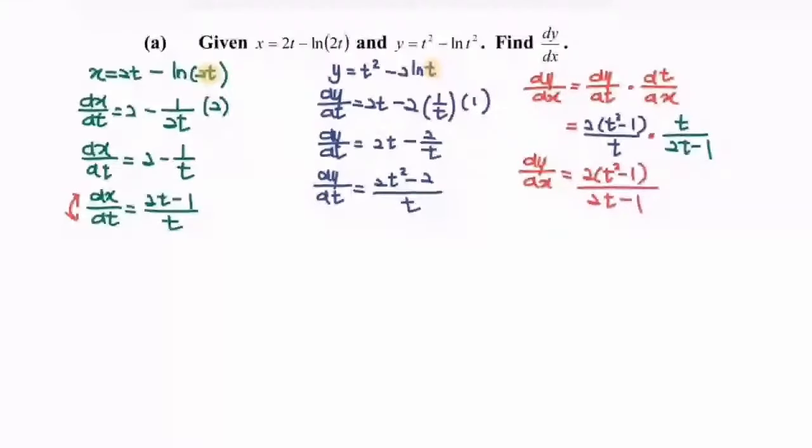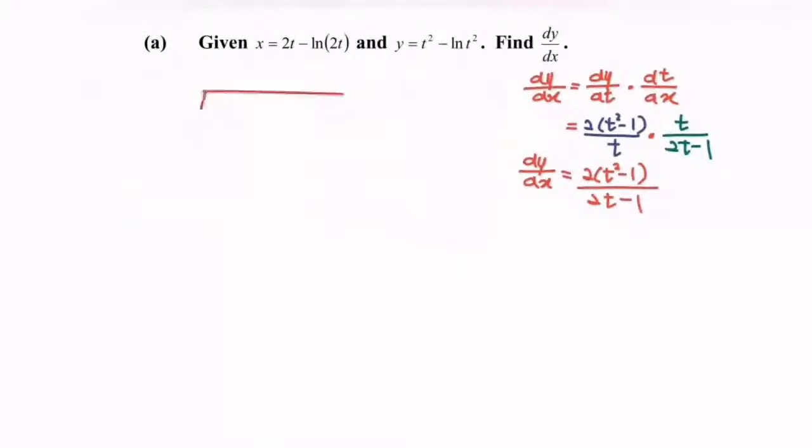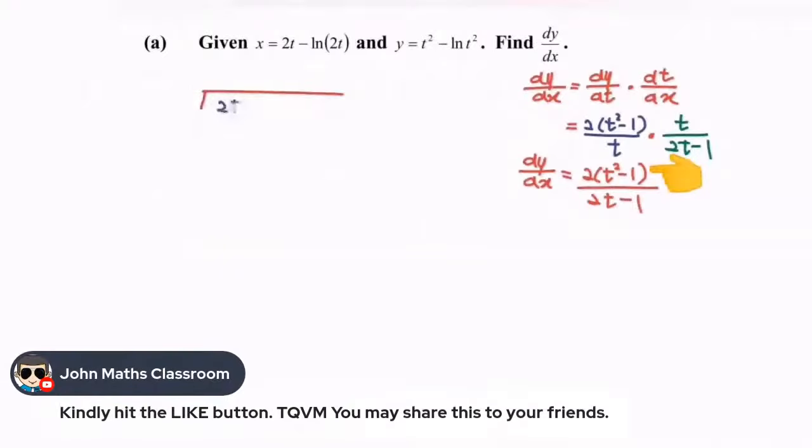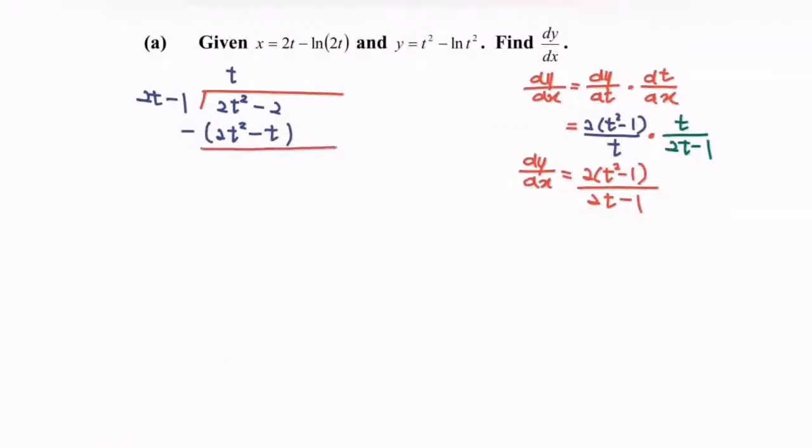So kindly make use of the long division to propel the situation. So where we have 2t squared minus 2, where we have the divisor 2t minus 1. So here we will have t. If we multiply, we will have 2t squared minus t. Kindly simplify the situation. And we will have t minus 2.